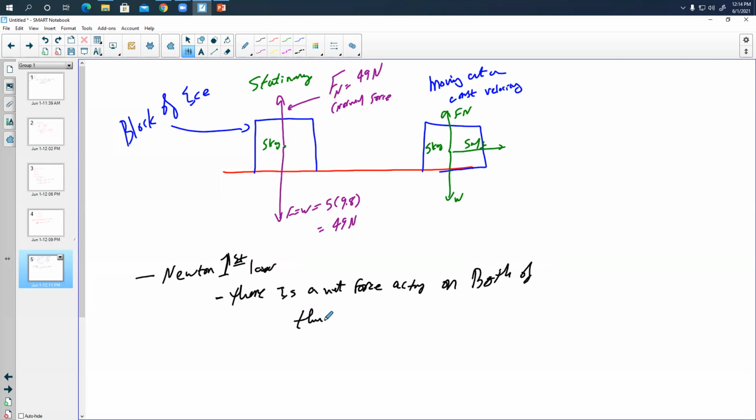The first one makes it stationary, where your normal force is canceling with your weight. The second one, you've got an extra force that's pushing it towards the right over here.